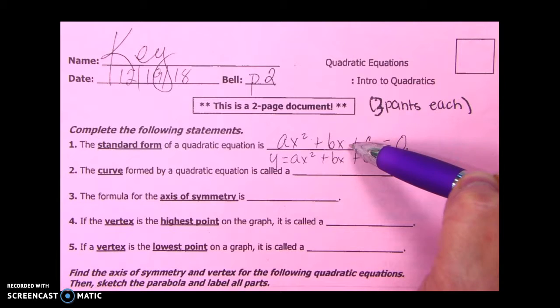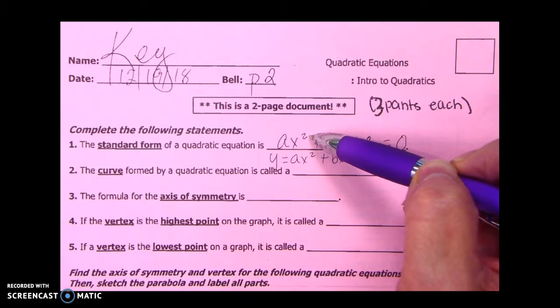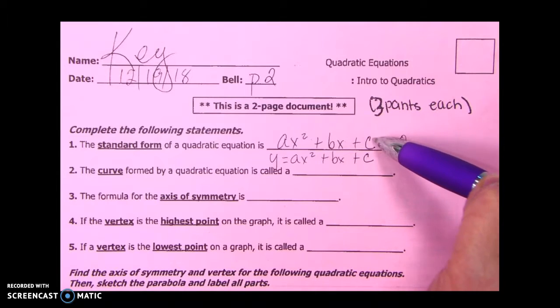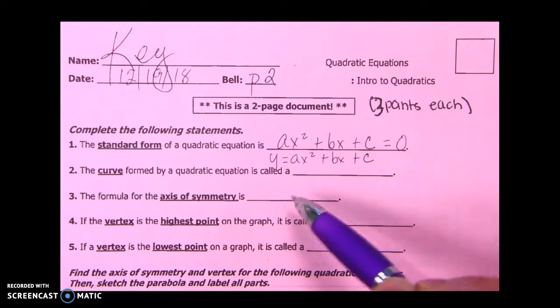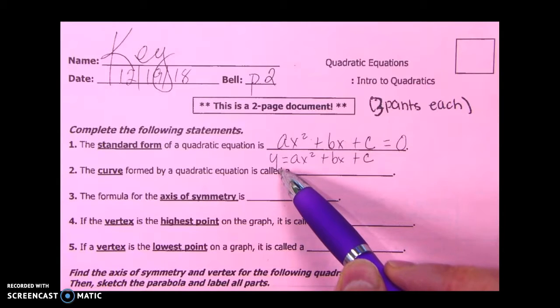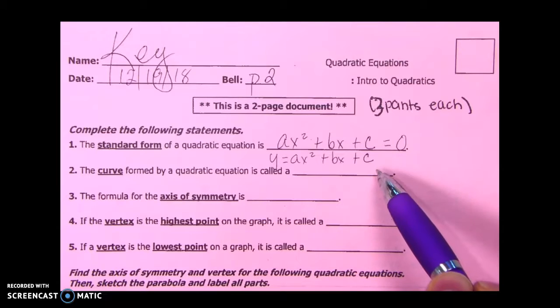So in descending order, x to the second would go first, and then x to the first, and then the constant that doesn't have any variable with it would go last. And sometimes those are going to be set to 0. Sometimes it's going to be set to y equals. So either one of those, be familiar with.